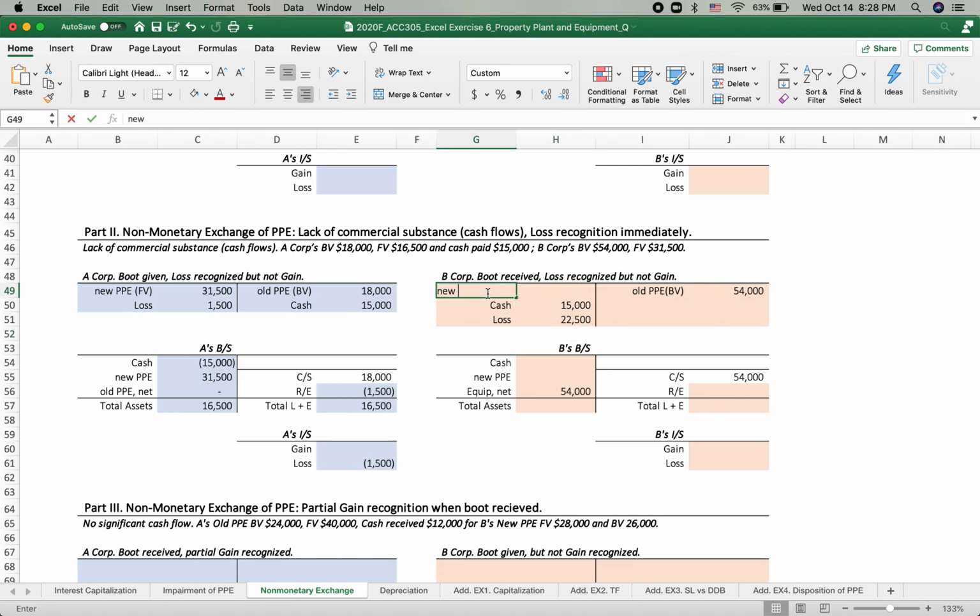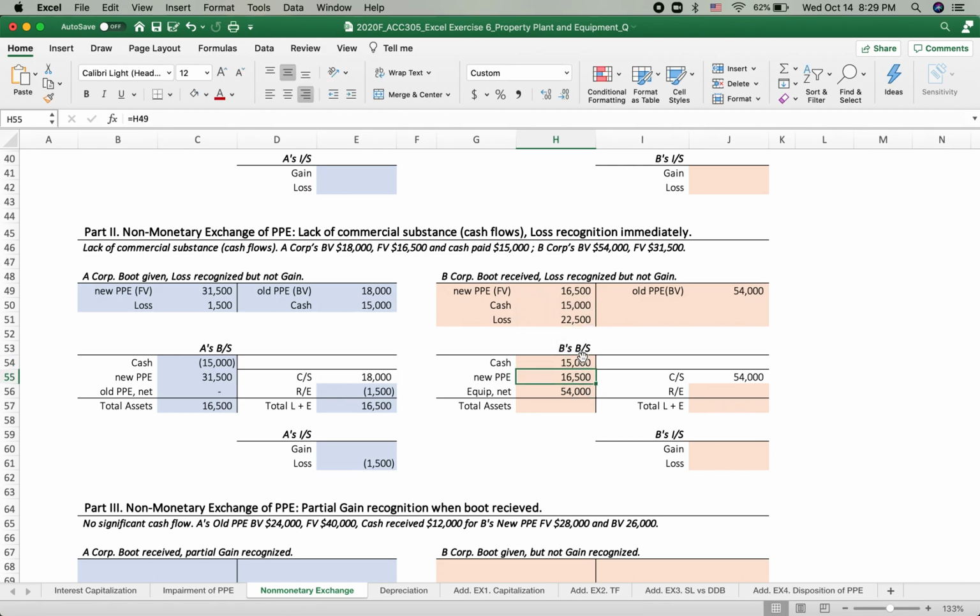Then let's put the new PP&E value, which is fair value. This amount we can calculate just by plugging. So the 16,500 exactly, the fair value 16,500 in the market, of the A corporation, right? So we increase the book value, the fair market value. We recorded the fair value of new PP&E, and then this fair value can be reported in the balance sheet. And then the cash amount we increased.